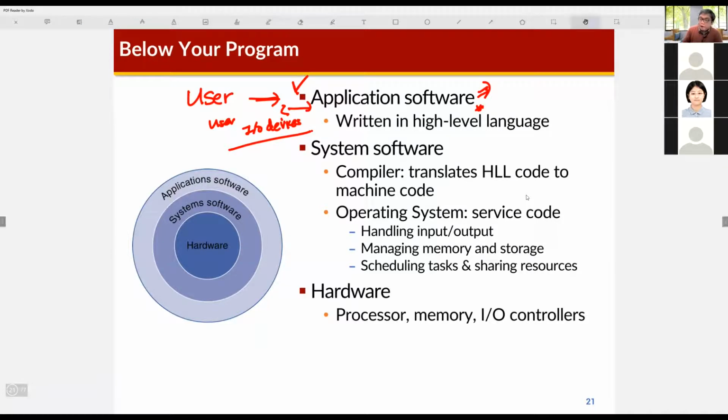Then how can we create these application software? Sometimes it's just called applications. These applications are written in high-level languages such as C, C++, Java, or Python.